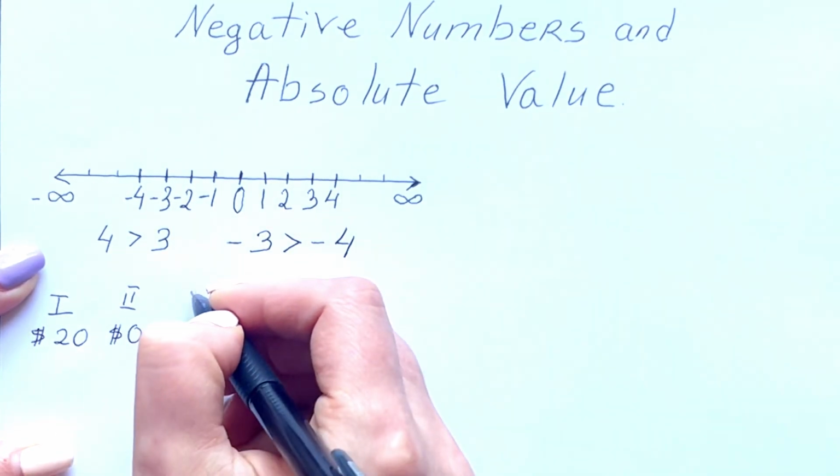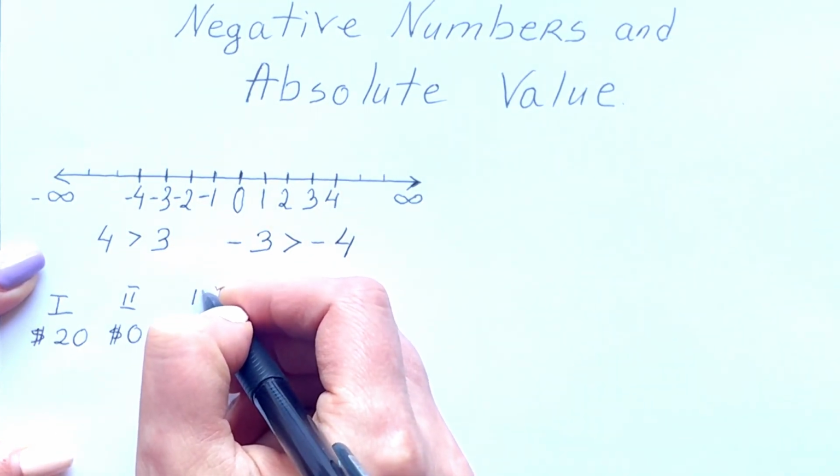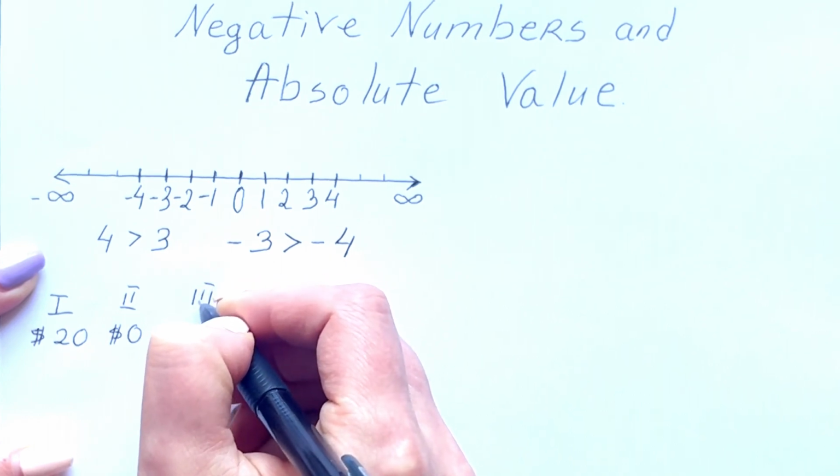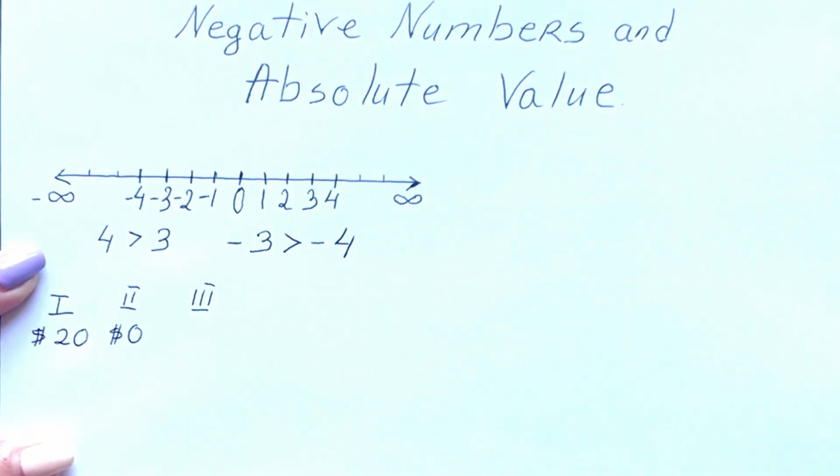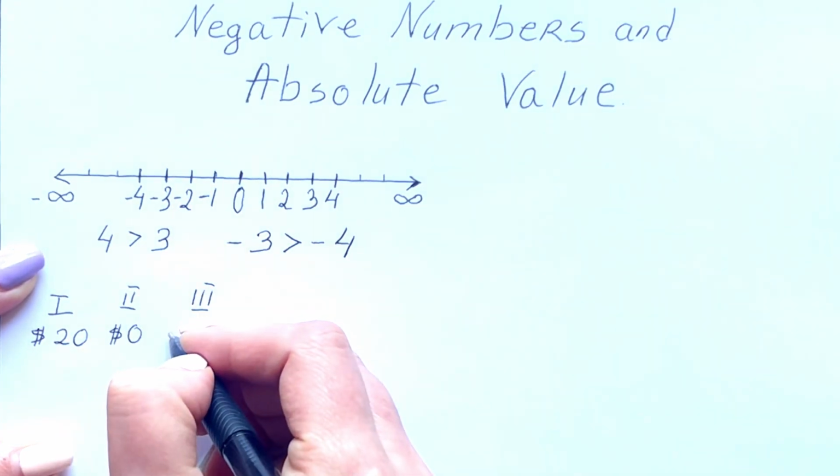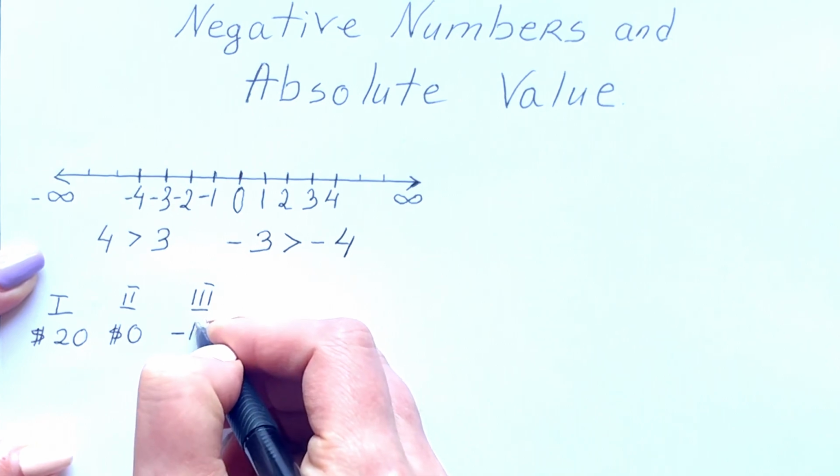The third friend owes his mom $10. What do you think? How can I represent that he owes his mom $10? It means he has to give it back. It's negative for him. So it's negative $10.